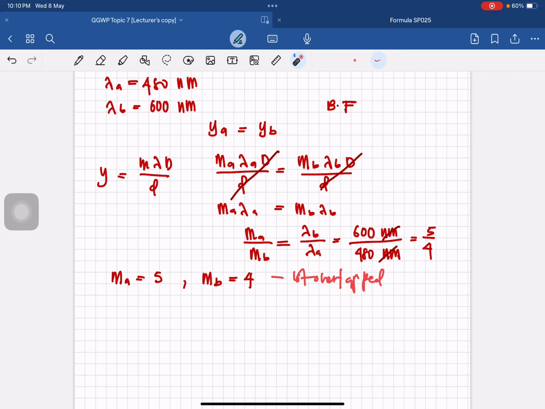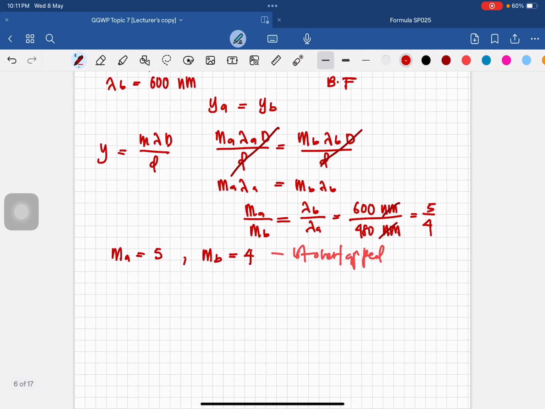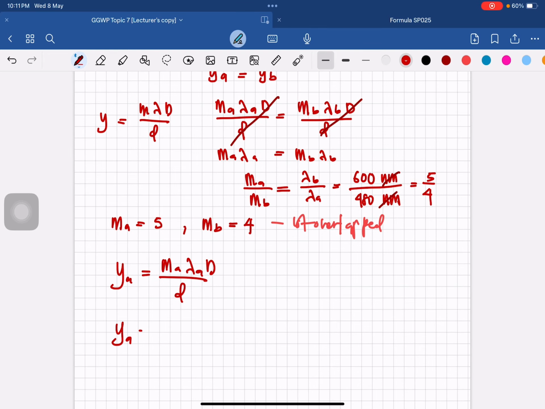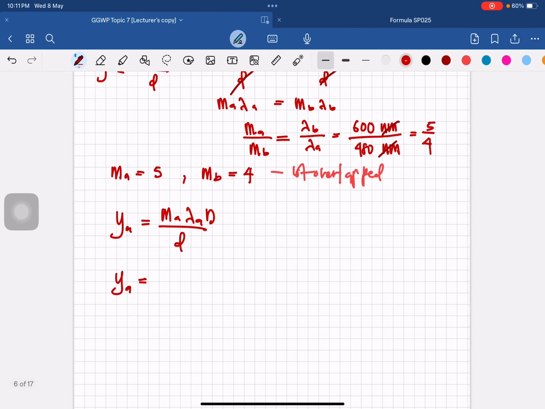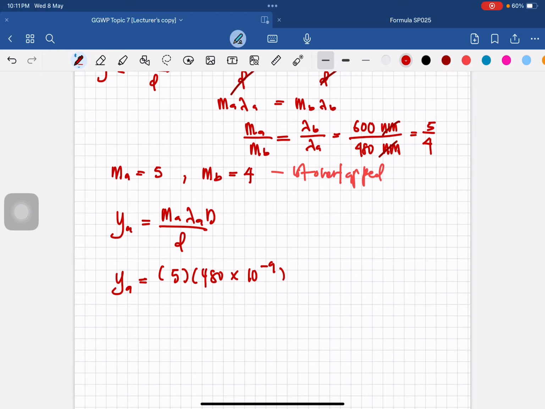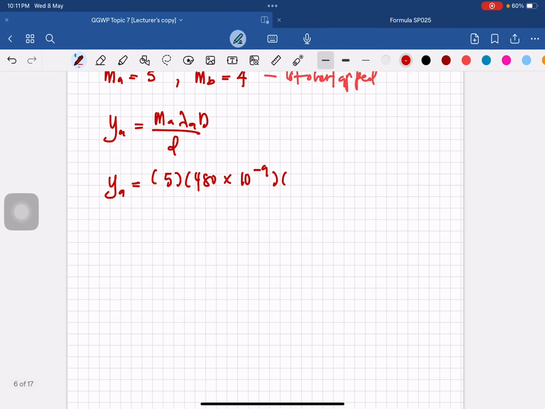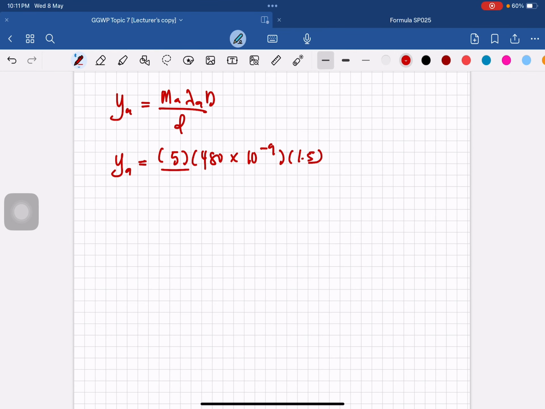So sekarang ni kita boleh pilih salah satu lah. You want to substitute it into the first light or the second light. So I'm just gonna do the first light. So it's gonna be M_A λ_A D over lowercase d. So the distance that they will overlap is 5, this is 480, and then this is, what was it again, 1.5, divided by 1.5 milli.